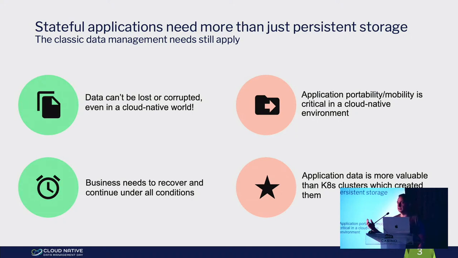It's easy to deploy a Kubernetes cluster. You just spin up one in the public cloud in 15 minutes or less. That is not a problem, but if you are using applications that use data and this data goes away, you really have a huge problem.